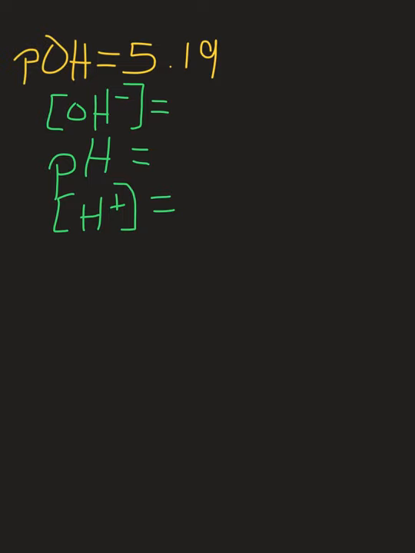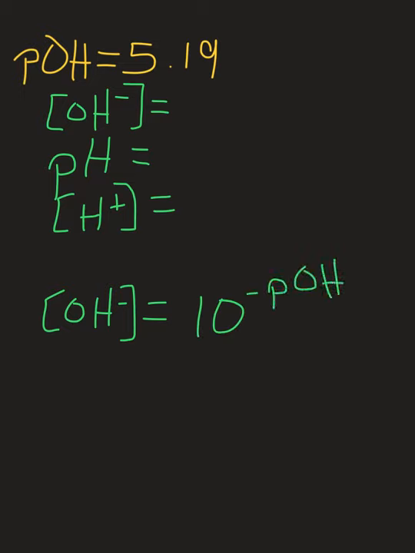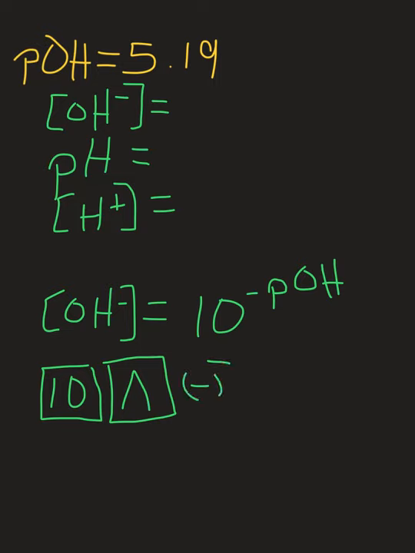So how do we get hydroxide ion concentration from our pOH? Hydroxide ion concentration, remember, 10 raised to the power of the negative pOH. On your calculator, type the number 10. Hit that exponent key. Hit the negative sign, and then type in 5.19.